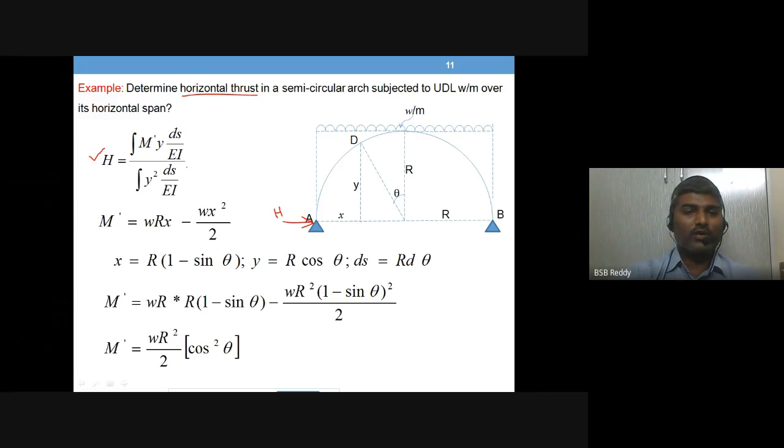Now we can simplify this equation. According to the problem, EI is constant, so we will strike off EI. What remains is simply integral M dash y ds divided by integral y square ds, the simplified formula.